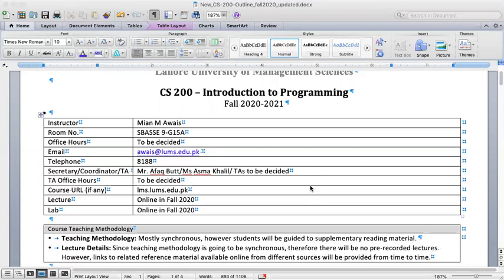I'll make sure कि उसकी scanned copies आपको मिल जाएं, and that would be a quick reference for you also. Of course अगर उसमें कोई issues या problems आती हैं, the TAs will be there to help you out, and I'll be there to help you out.